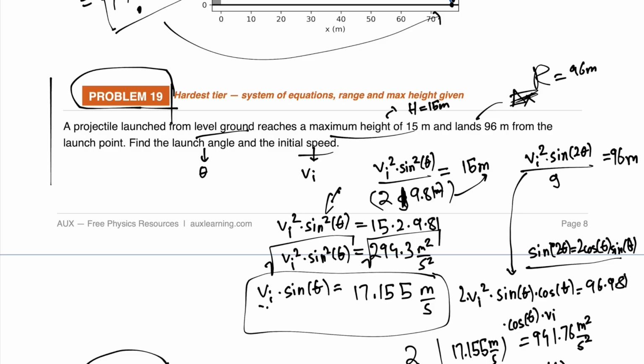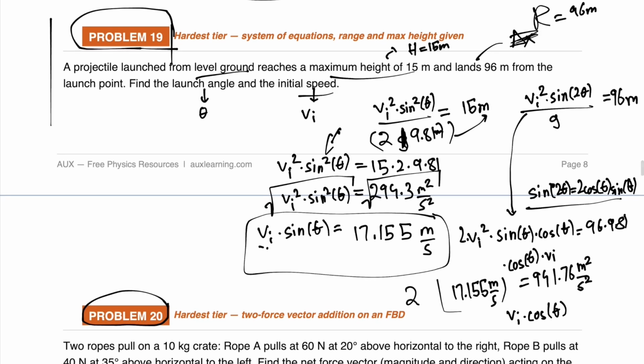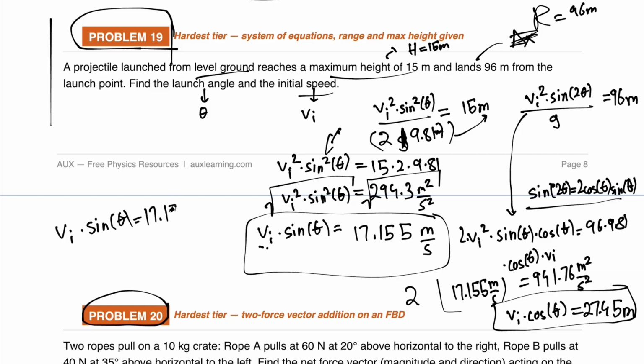So let me scroll a bit up so you can see better. Velocity initial times cosine theta is equal to 27.45 meters. Okay. Now, how do you relate these two equations? You can just divide them by each other, right? So velocity initial times sine theta is 17.155.